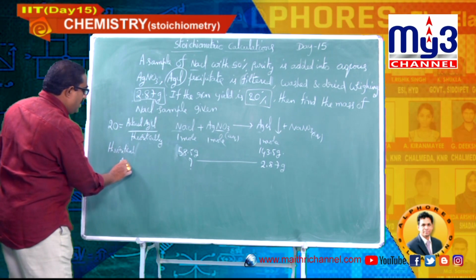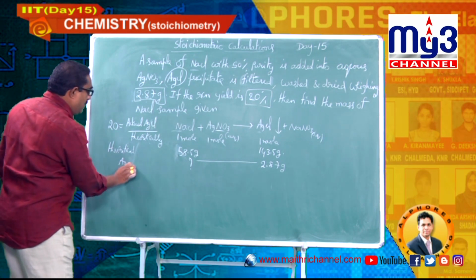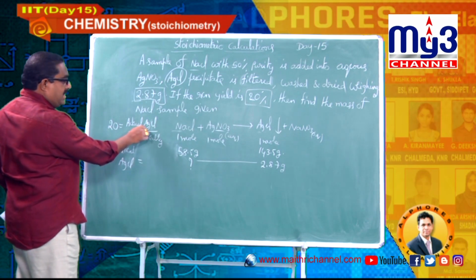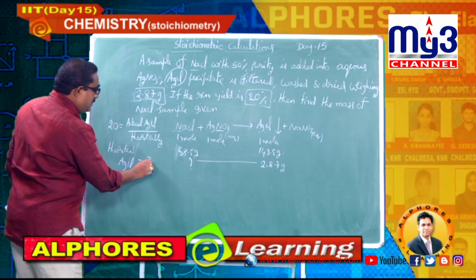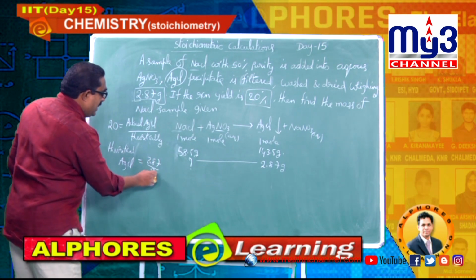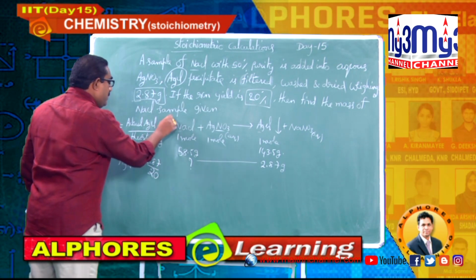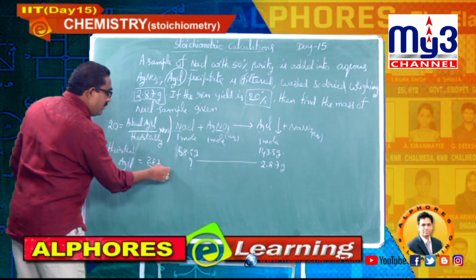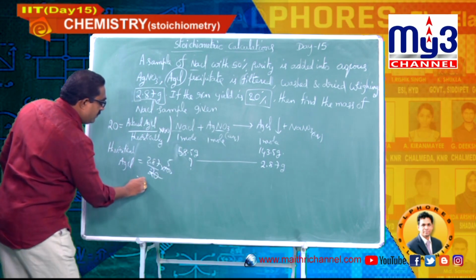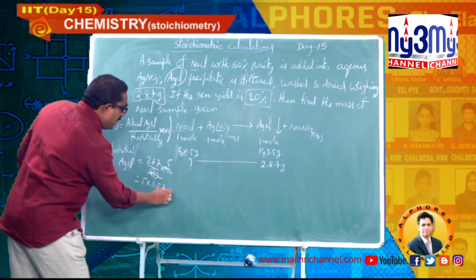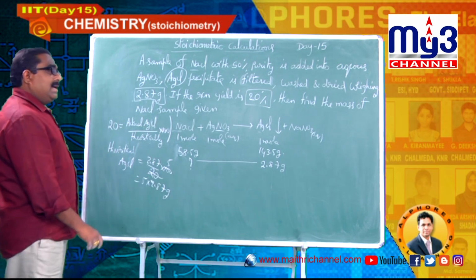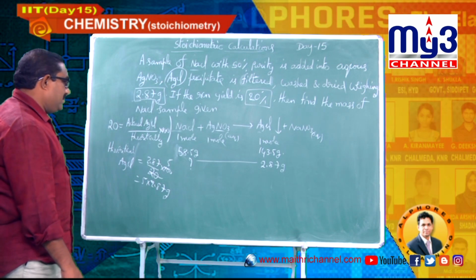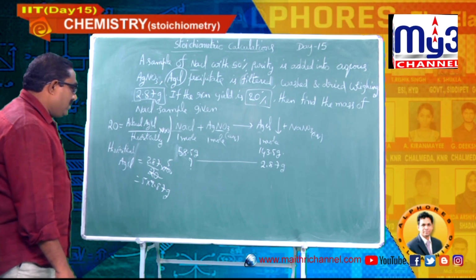Theoretical silver chloride mass is equal to 2.87 by 20, into 100, that is 5 into 2.87 grams. That's what we have to get.